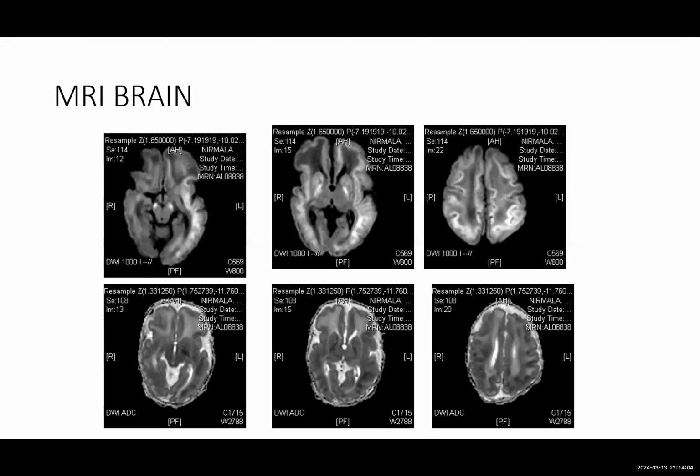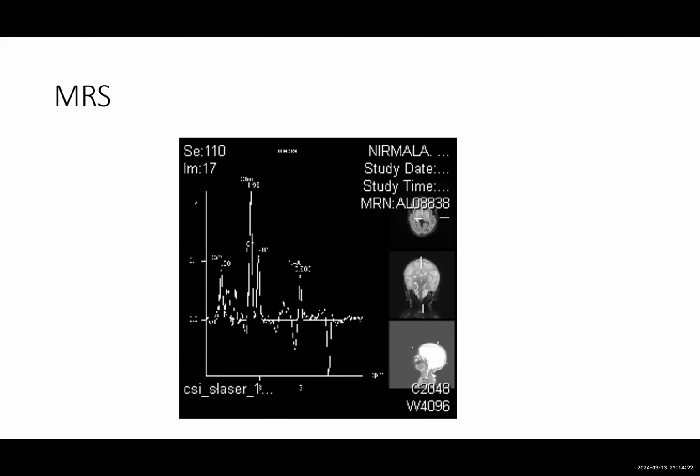There was diffusion restriction involving the bilateral subcortical region, the internal capsule, the peduncle, and also some involving the thalamus. MRS showed a lactate peak, and there was also a peak at around 2, which was suspicious of glutamate.